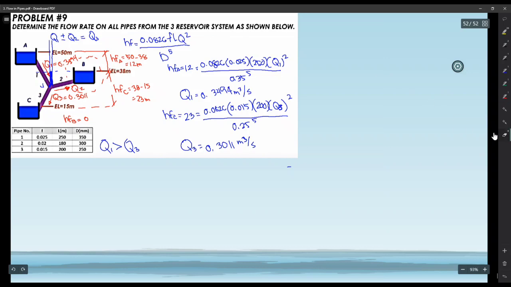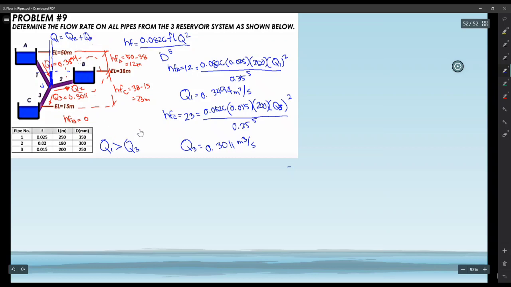In short, our equation looks like this: the flow rate in reservoir 1 equals the sum of reservoirs 2 plus 3.